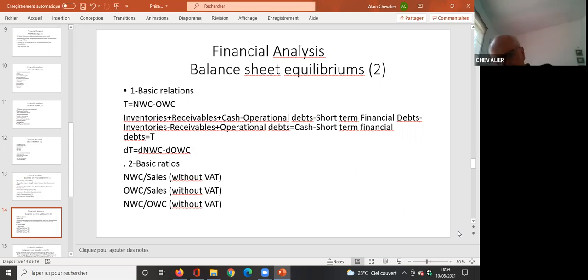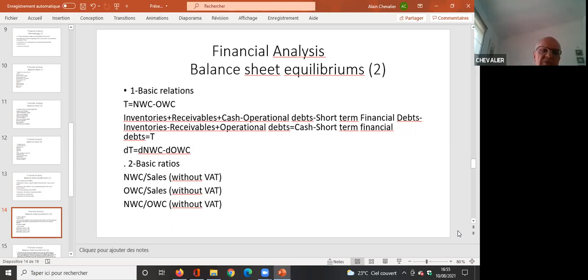You understand that if it is positive, but very high, something like 40%, that means each time you want to increase your sales level by $1, you will need to find 40 cents of financial resources to finance your operating working capital.